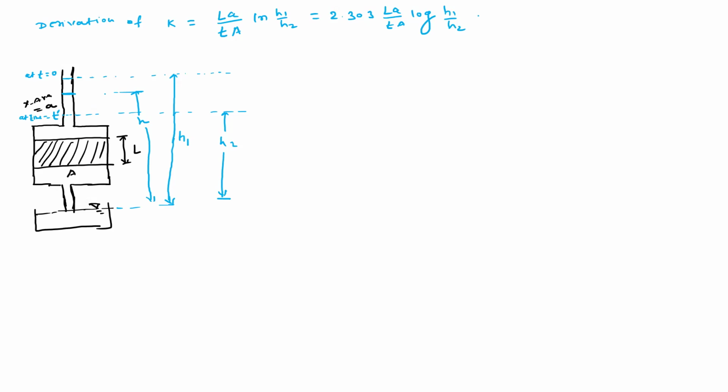This is at time t, and in time dt it falls by dh. This fall is dh, at time t plus dt. This is the fall.